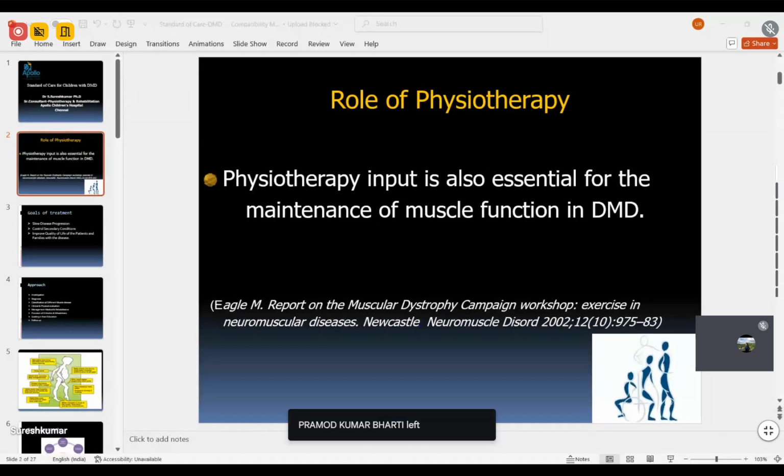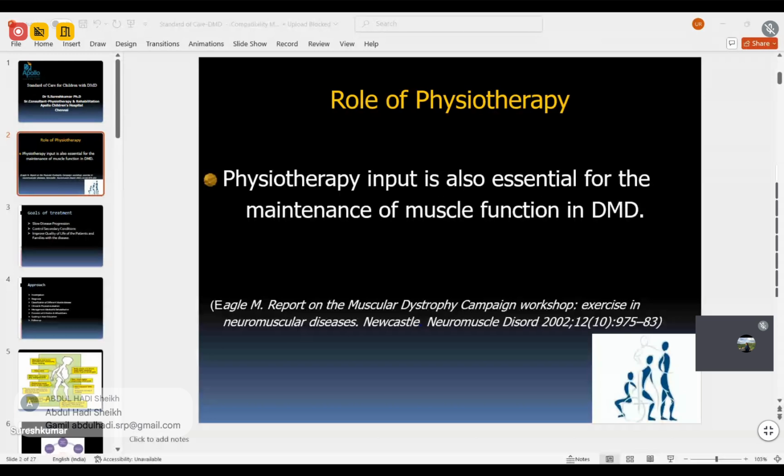We give a BiPAP machine. BiPAP is bilevel positive airway pressure, wherein we preset the inspiratory and expiratory pressure, and the child will have a better sleeping pattern and better quality of life. We have very good experience with more than 40 to 50 children, and we got excellent data.